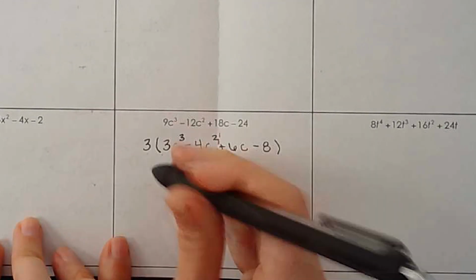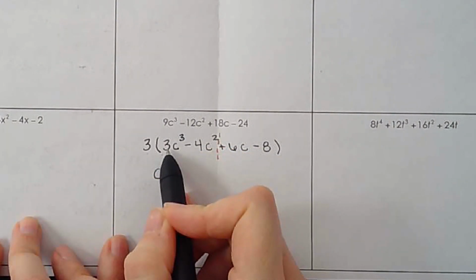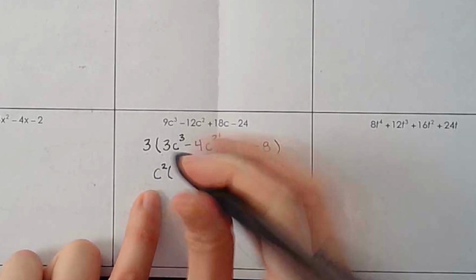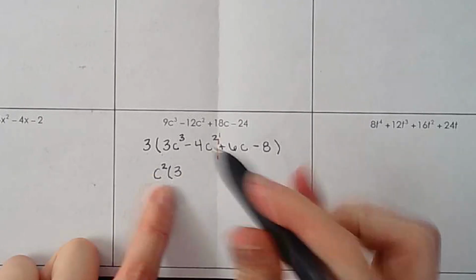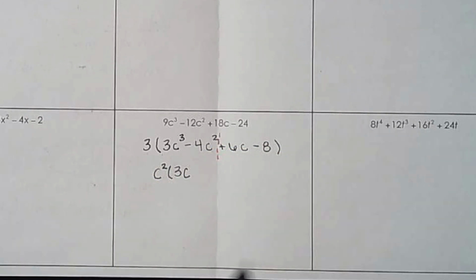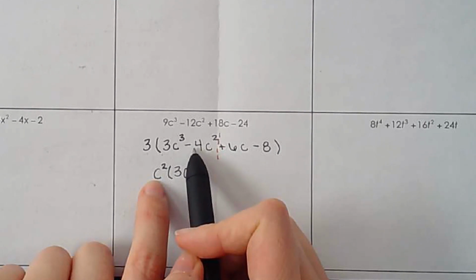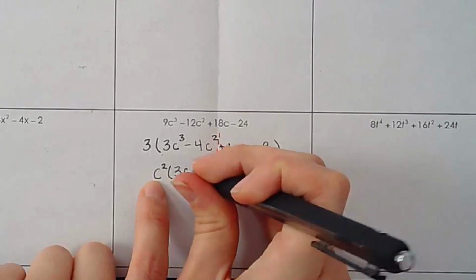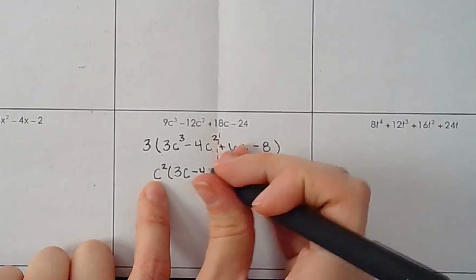So from these two terms, if I factor out a c squared, I'm left with 3c to the third power divided by c squared would give me, well, 3. C to the third power divided by c squared is c. When I divide my second term by c squared, negative 4c squared divided by c squared, I'll have negative 4. Then c squared divided by c squared cancels out.